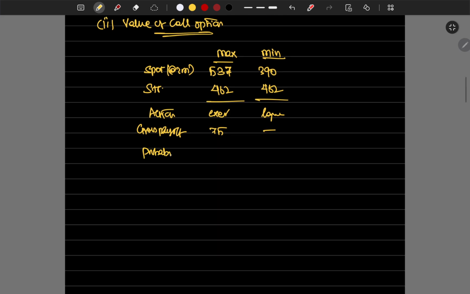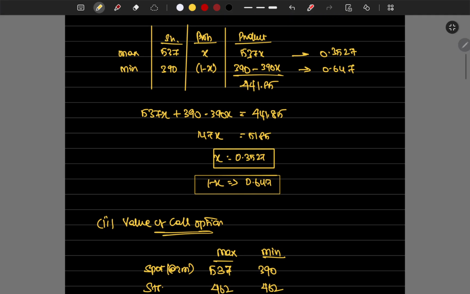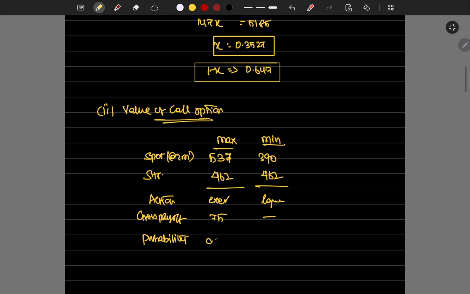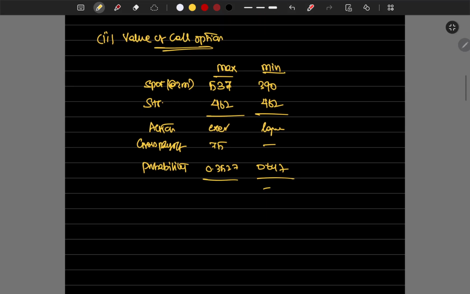Probability is 0.3527 and 0.647. No value will come here. 75 into 0.3527 is 26.45, the expected payoff.